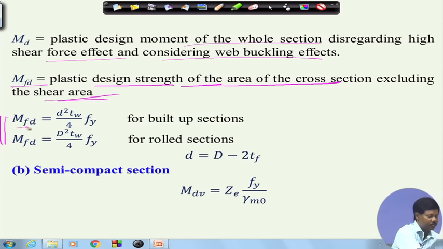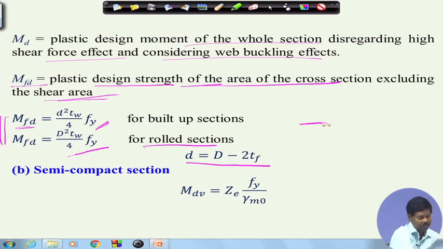So, Mfd value we can find out as d square Tw by 4 into Fy for built up section, right, and Mfd is equal to capital D square Tw by 4 Fy for rolled section, where D is the overall depth and small d is the effective depth, that is capital D minus 2 Tf.